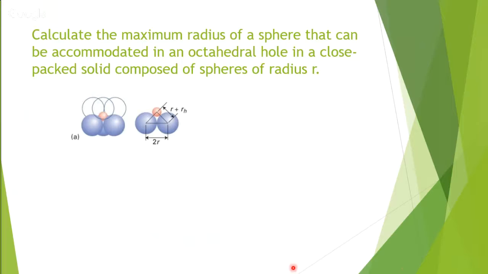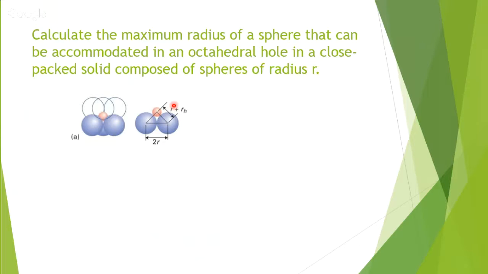The diagram is shown over here for an octahedral type hole, and this little pink part represents the atom that would fit inside there. The distance between the centers here is twice the radius of this atom, and this side is the radius of this atom plus the height of this hole, RH.